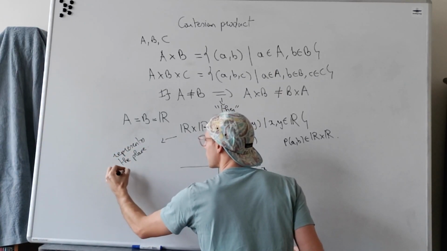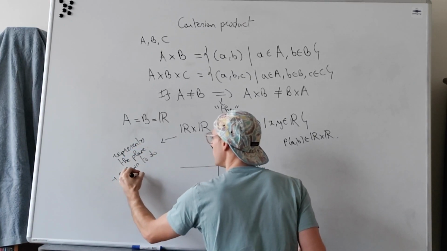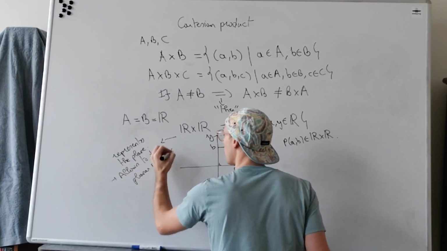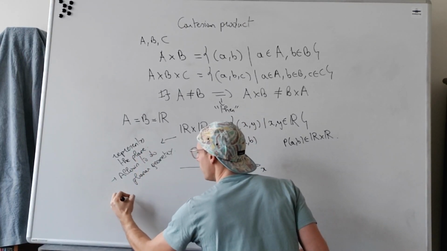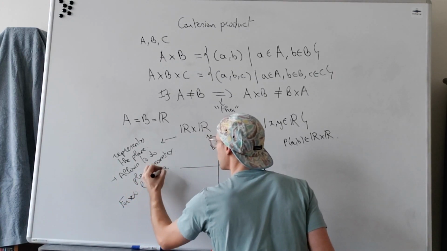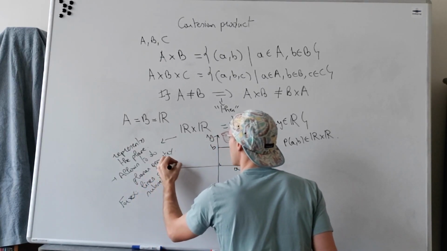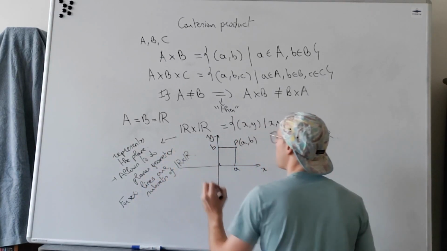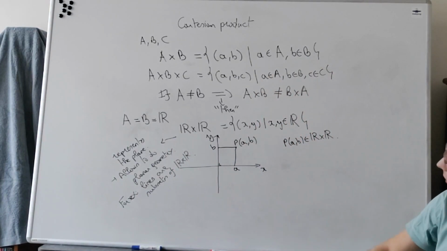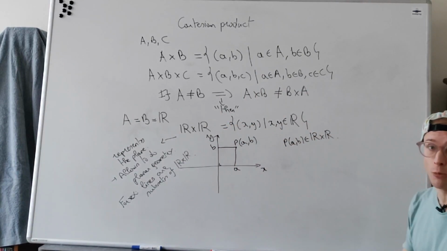And this allows us to do planar geometry. For example, straight lines are actually subsets of R times R. Just to show you that everything we already saw in the previous videos will be used when you want to study planar geometry.